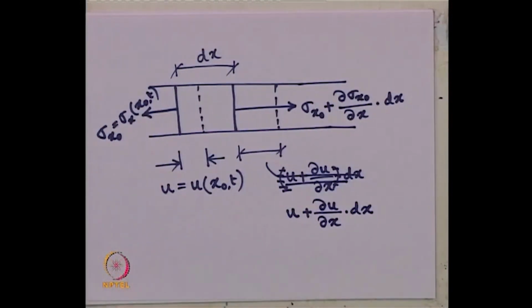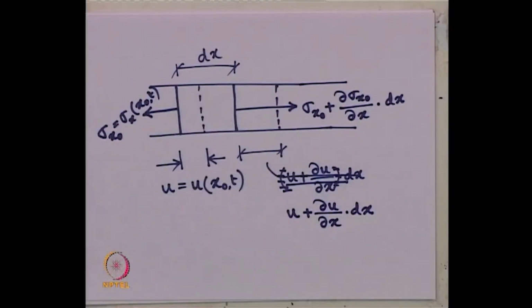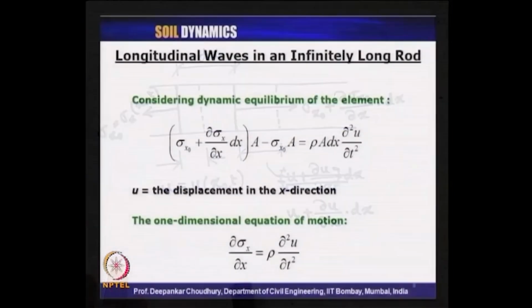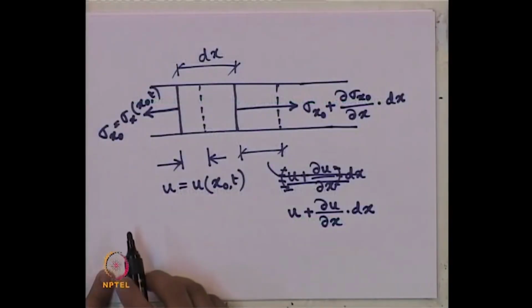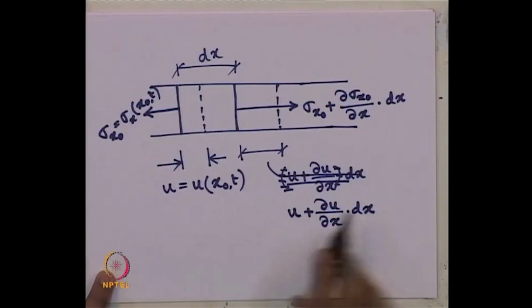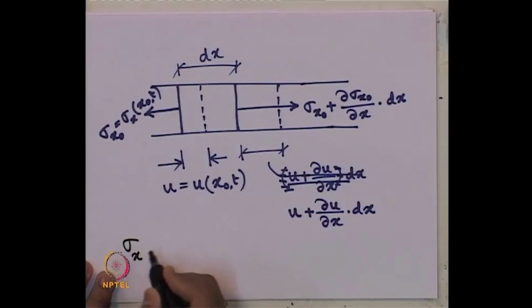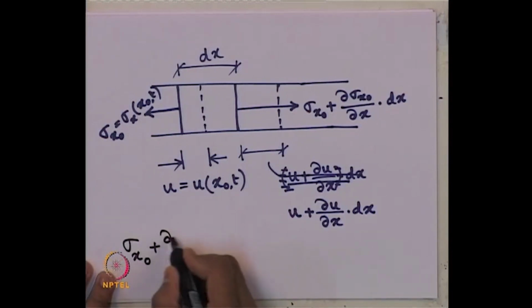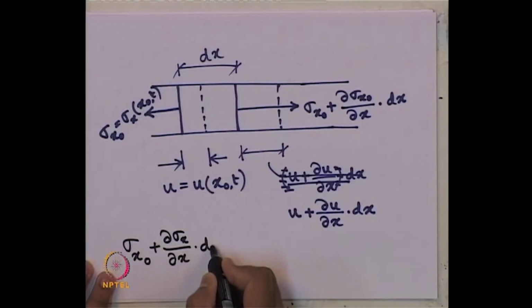Now, this happens for a distance of dx with the cross sectional area of the element as A. So, considering the dynamic equilibrium in this direction of travel of the wave, we can write the force equilibrium in the x direction: sigma x naught plus del sigma x del x into dx.